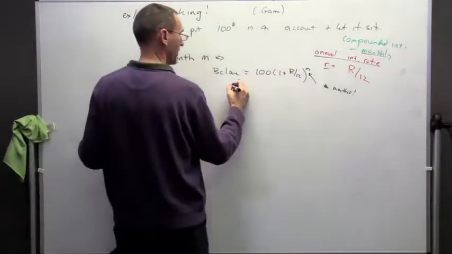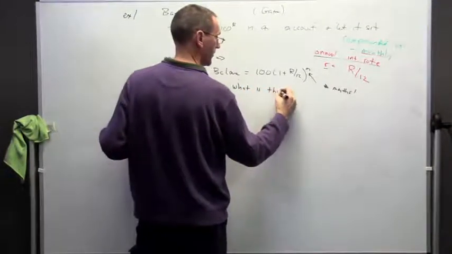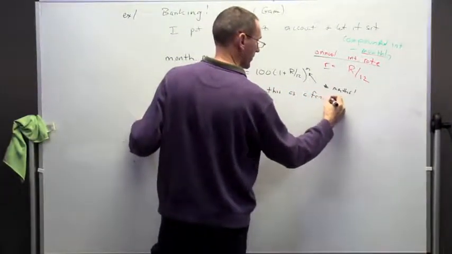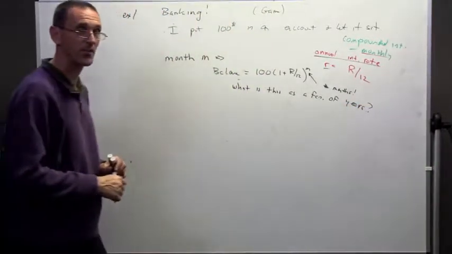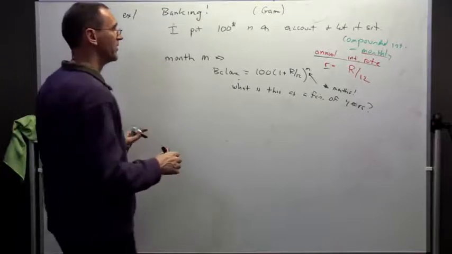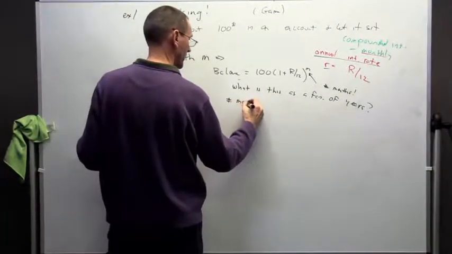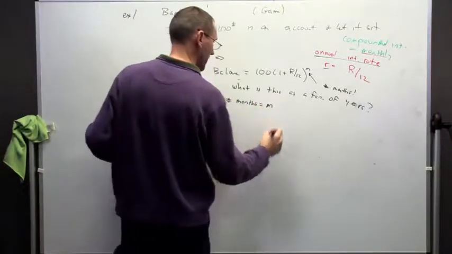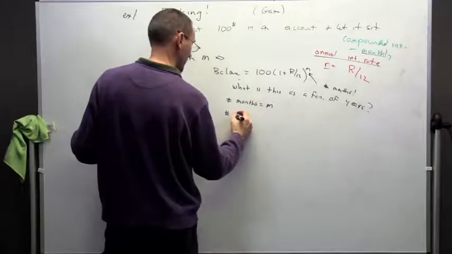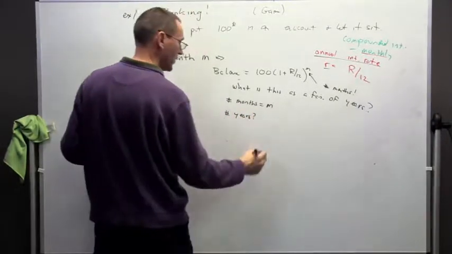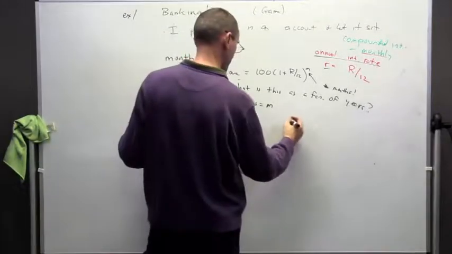So the question is how do I write this in terms of the number of years that's been in there in order to keep all my units consistent? Well, what do I have? My number of months equals m. So how do I get the number of years? Well, I know that there are 12 months per year.